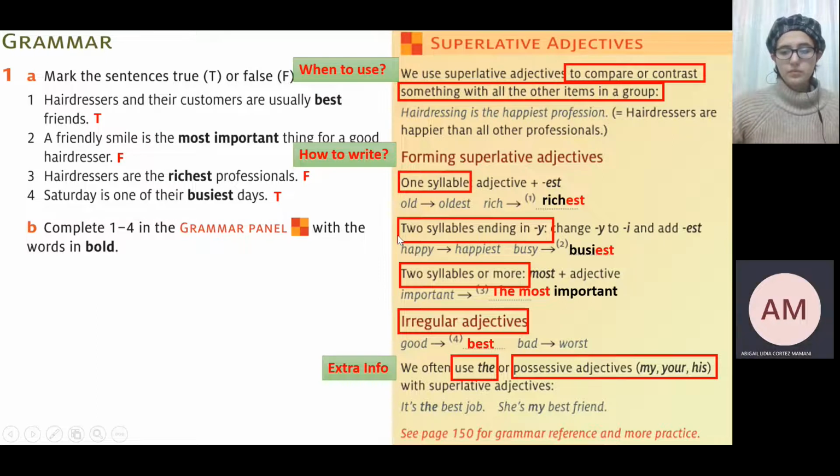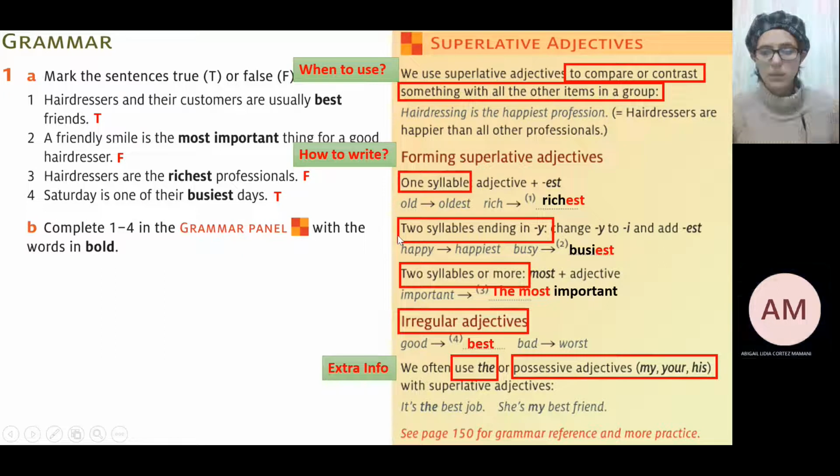Two syllables ending in Y. Why change Y to I? Perfect. So we're going to change the Y for an I, right? We erase the Y and we add I and add est. What happens with 2 syllables or more?